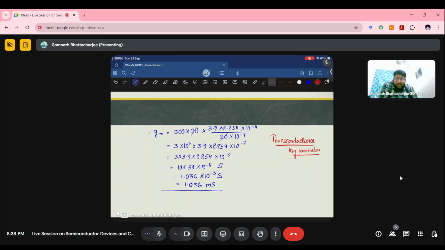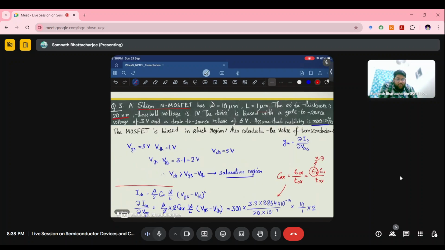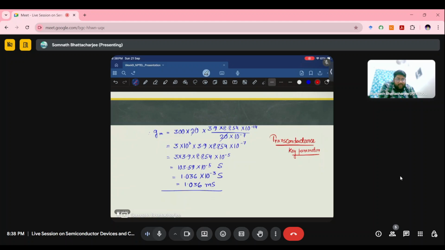You need to understand what's the ratio of this current or the ratio of this voltage, how to calculate threshold voltage, how to calculate the aspect ratio, that is W by L, how to calculate the transconductance, which region it is working in, and what is the value of VTH.